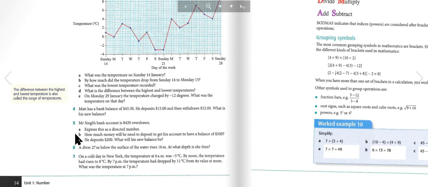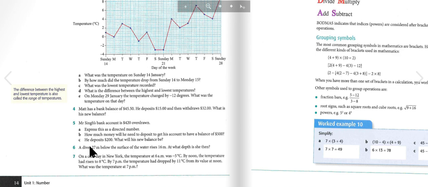Question number 5. Mr. Singh's bank account is 420 overdrawn. Express this as a directed number. How much money will he need to deposit to get his bank account to have a balance of $500?